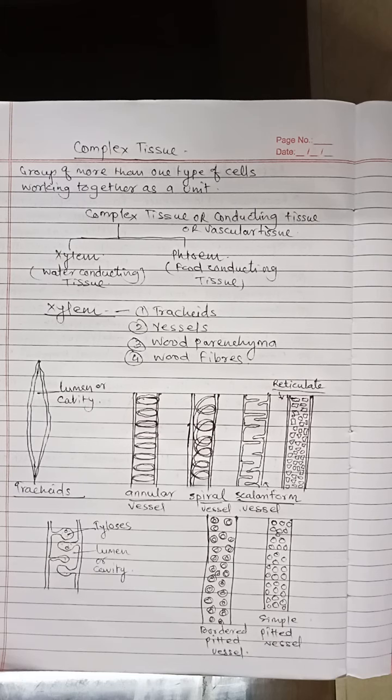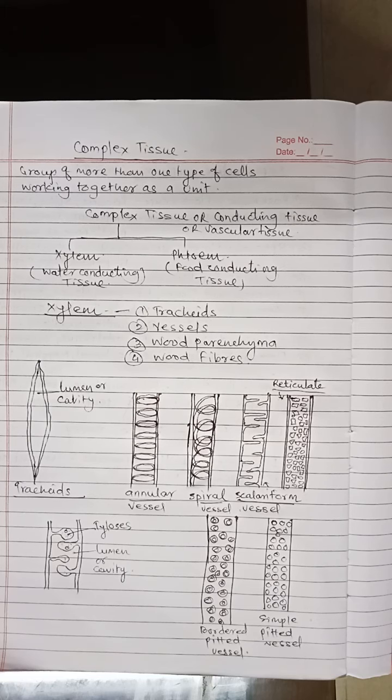In scalariform or ladder-like, the lignin is deposited in the form of steps of the ladder, and in reticulate or netted type, the thickening is irregular and a network is formed.